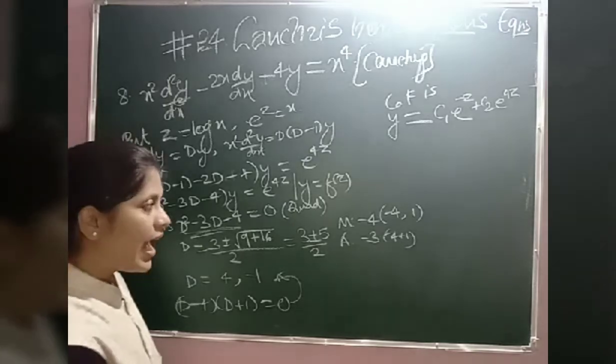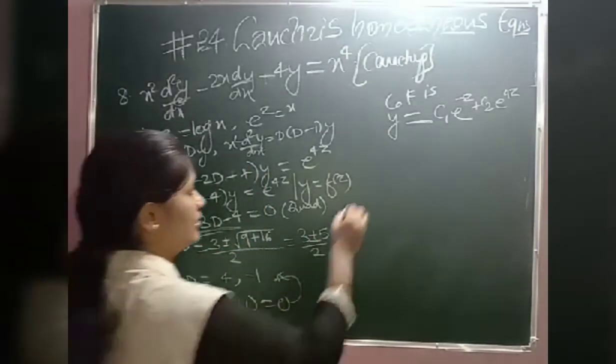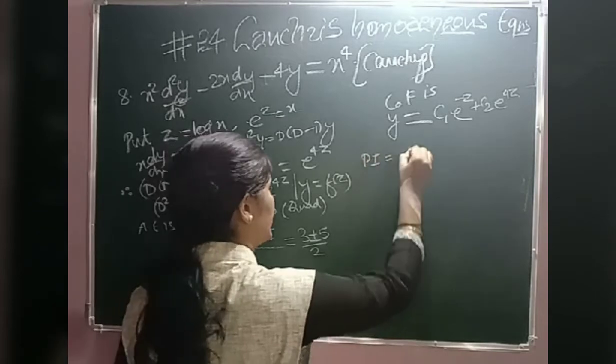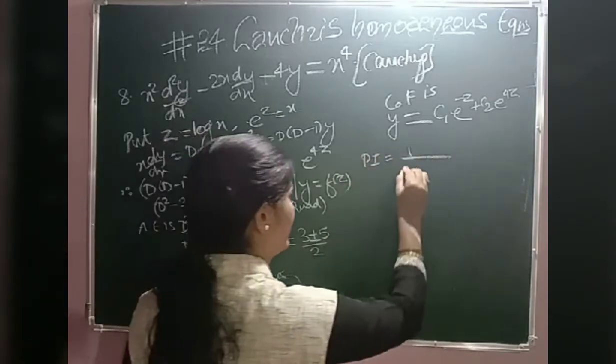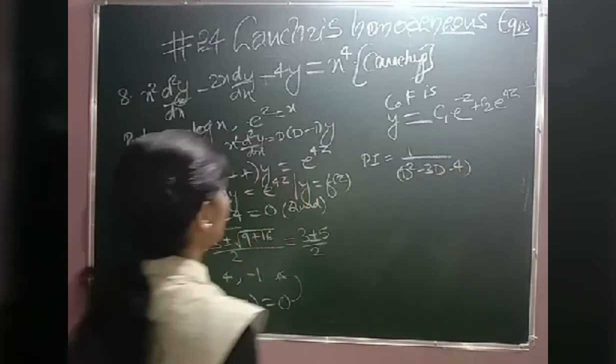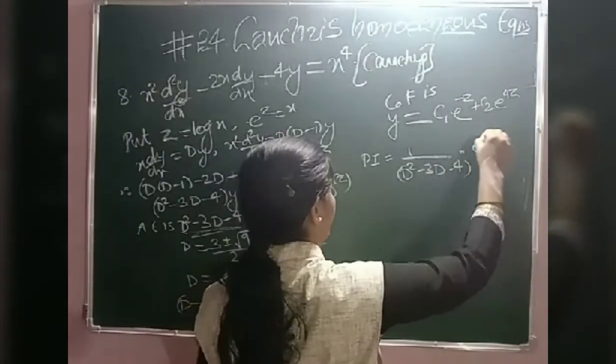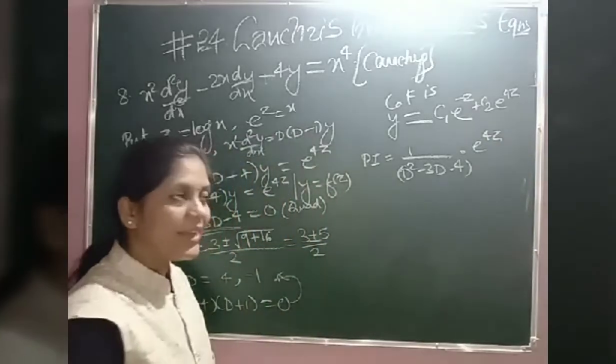Now let us find PI. So PI is 1 upon f of D. f of D is D square minus 3D minus 4, of, what is the RHS? e power 4z. So it is the e power ax form.